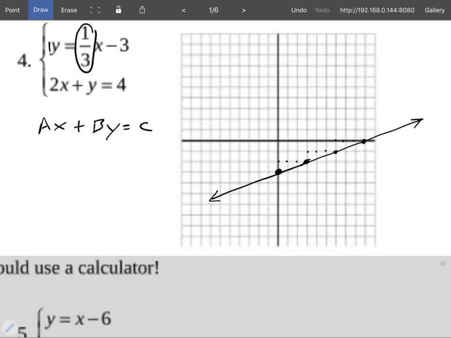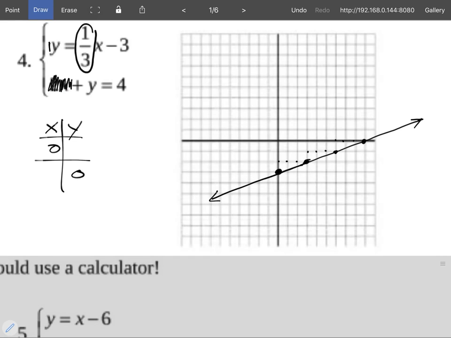Since it's in that form, I'm actually going to use the intercepts to graph that one. So I'm just going to make that little table. And I'm going to plug in 0 for x and 0 for y.